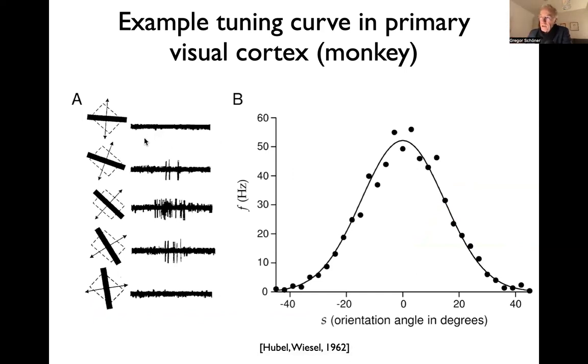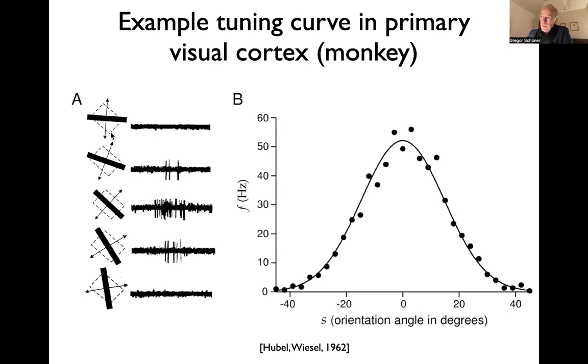Particular regions of the retina were sensitive: only light that fell into this part of the retina, sketched here by this rectangle with the dashed lines, would induce any spiking, shown here by these vertical potentials recorded from an electrode inside the tissue, in a particular neuron in the visual cortex.